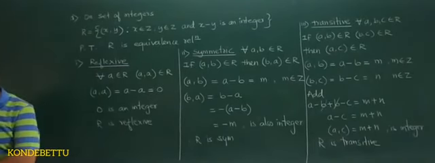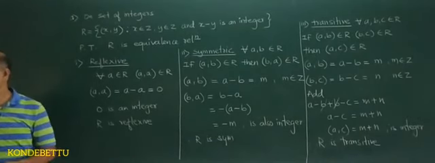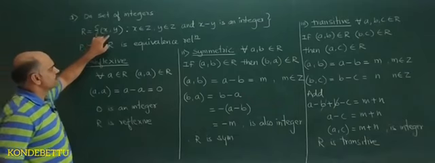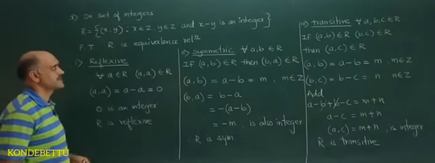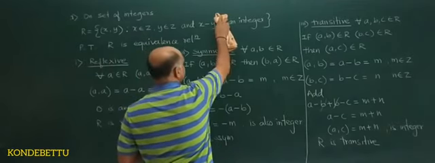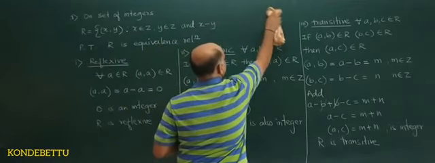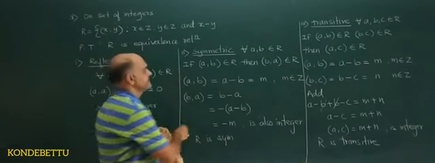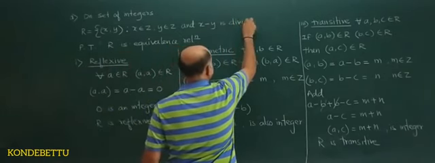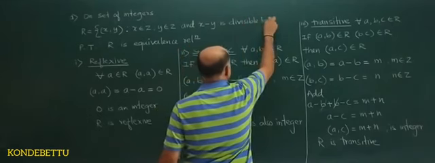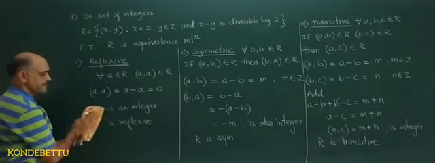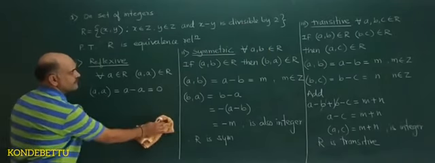Okay, so second one, just I will change here. So on the set of integers, R is equal to (x, y), x belongs to Z, y belongs to Z, and x minus y is divisible by 2. So just I will change a little.